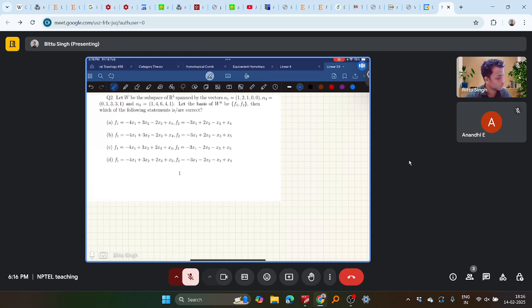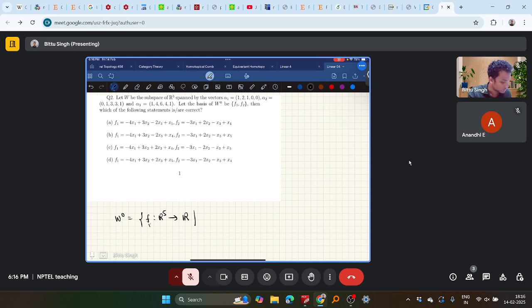So let me recall what is W naught. W naught is the set of functions f, a map from R5 to R, such that f is a linear function.